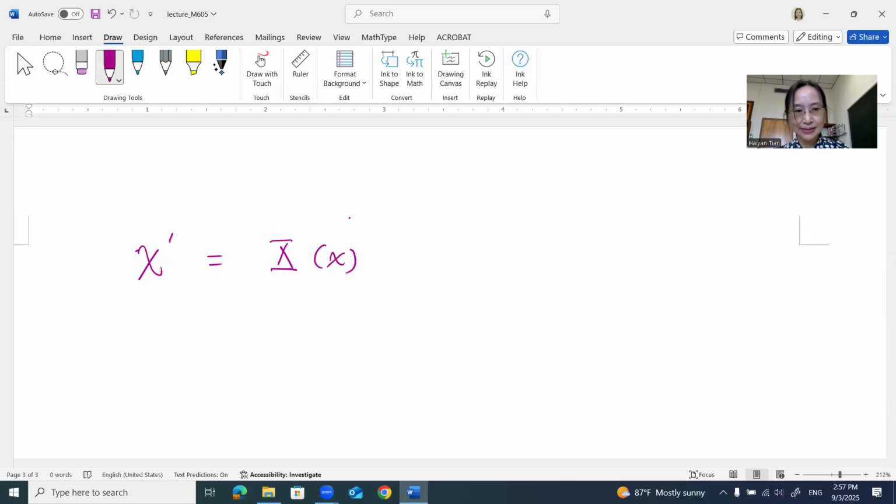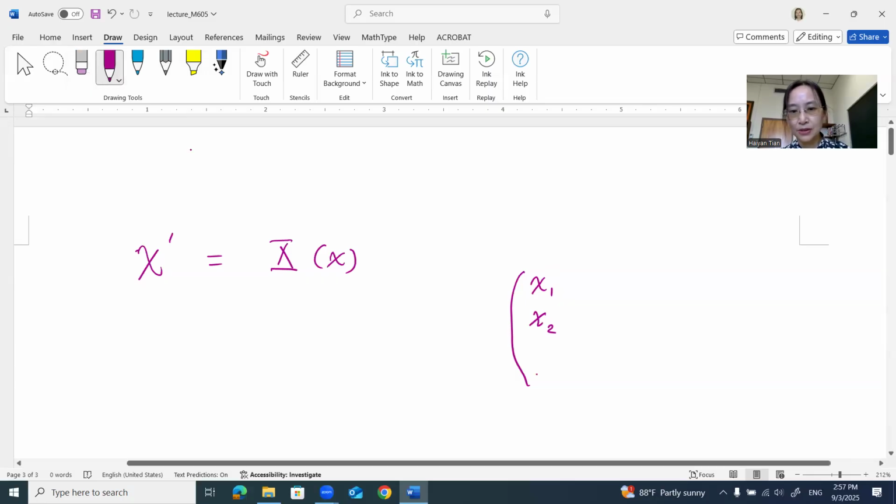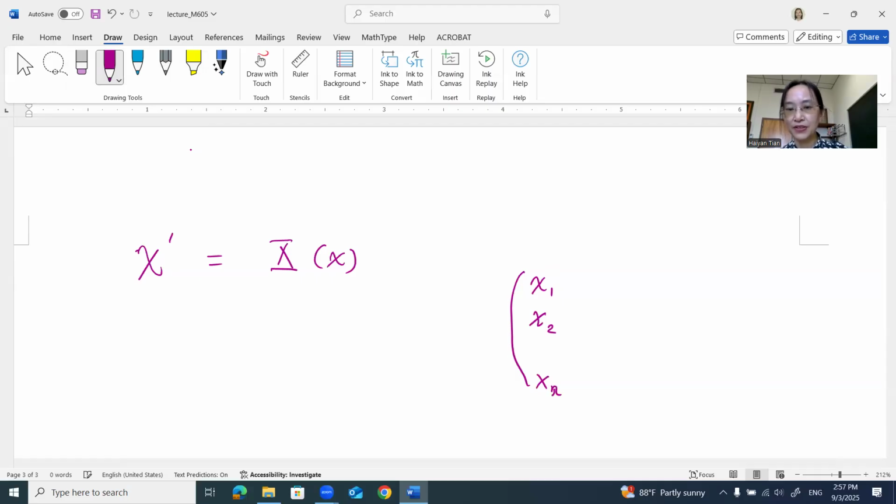So here, the x, if I write in component form, it is a vector of n components. So each component is a function of t. So we can omit the t, so just write the components: x1, x2, x3, etc. Just keep in mind, each component is a function of t. So overall, it is a vector valued function of t.